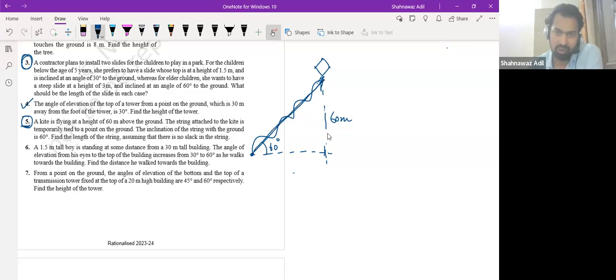Good. So what trigonometric ratio will we use, Shaima? To find the length of the string, it is sine 60, right? All of you calculate and tell me what the value would be.